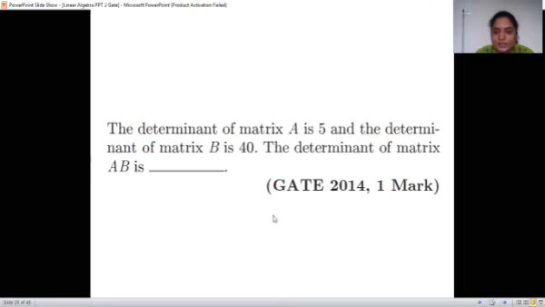Okay, come on, tell me the answer, or tell me just a possibility if we don't know correctly. What should be the answer? What do you think?